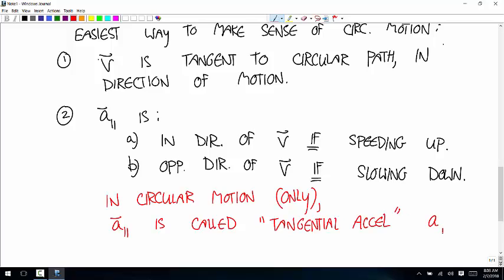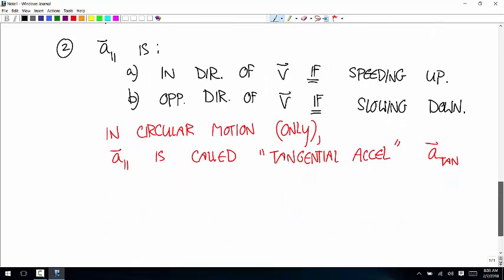So I'll write that as A-tan, A-tangential, because if it's parallel to the velocity, it's tangent to the circular path. That means exactly the same thing that A-parallel means when we're in non-circular motion, but this is what it's called here.